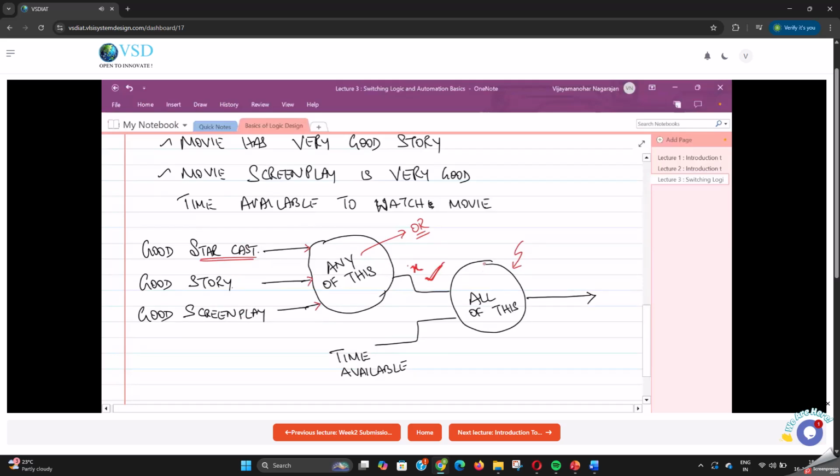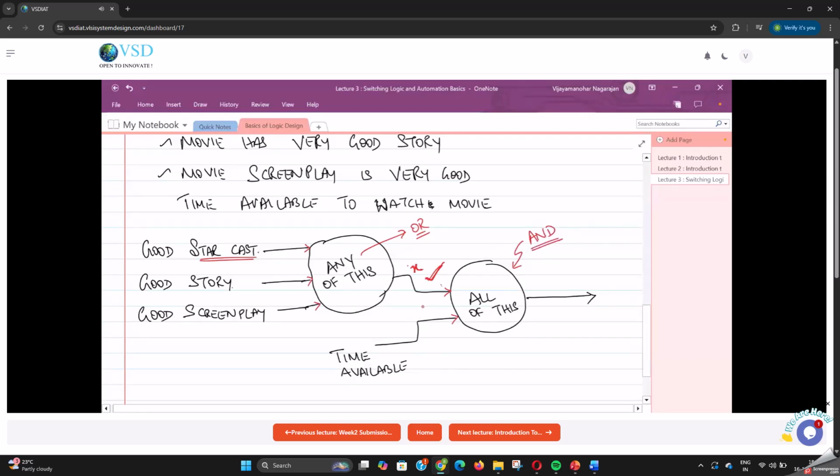Now with respect to this block, what are his inputs? X is his input, time available is another input. This block is saying all of his inputs should be met. All means what? If I look at the word in English, it is and.